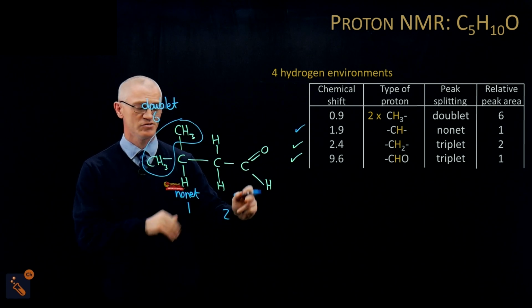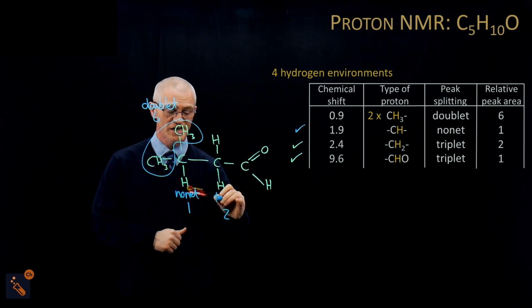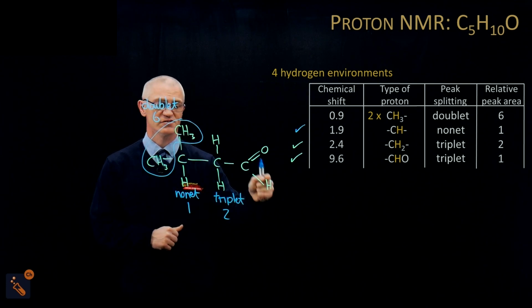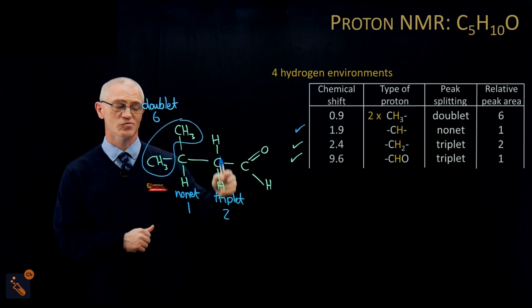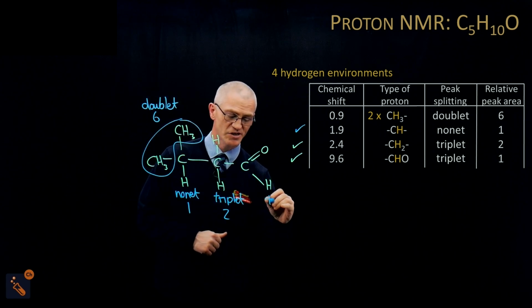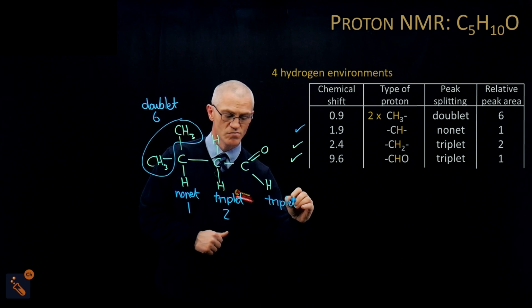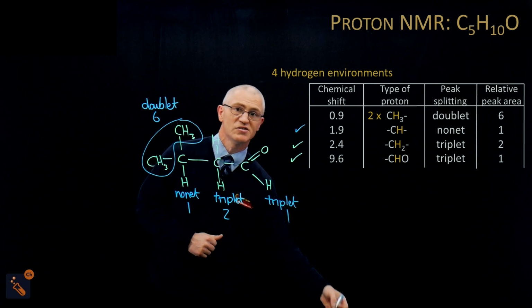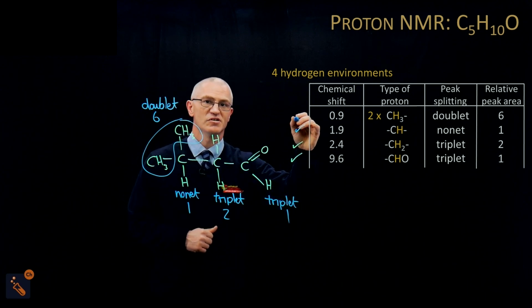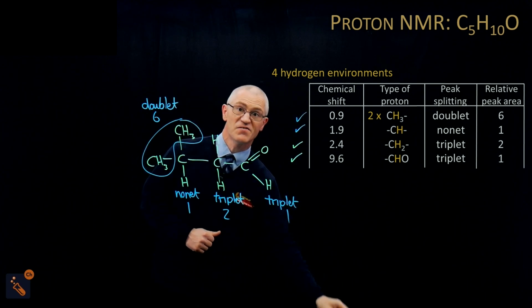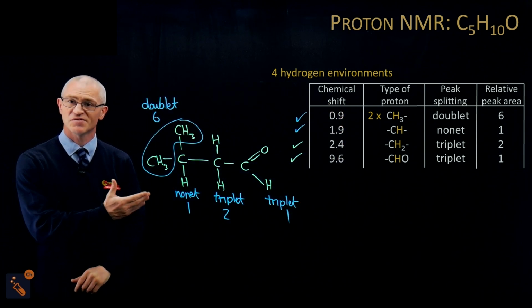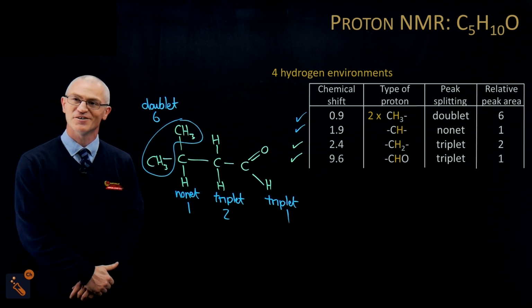If it's 2 hydrogens on the adjacent carbon, we're going to get a triplet, because of n plus 1. And then we have this H, which is next to a carbon with 2 hydrogens on. So again, I'm going to get my triplet, with a relative peak area of 1, which means that we have actually used up absolutely everything, and it fits all of that peak splitting and all that relative peak area to give you this rather nice aldehyde.